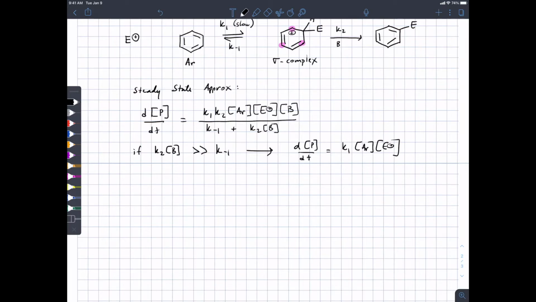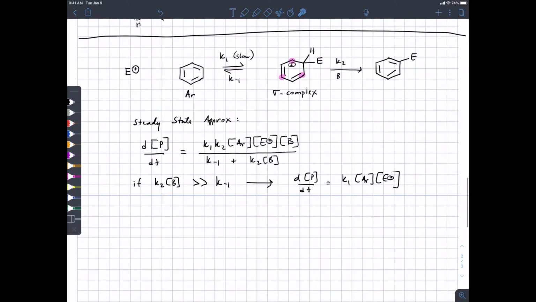In contrast, it might be that these 2 rates are comparable, and in that case you'd see something called partitioning kinetics, where you don't ever see very much of this intermediate; it either remains as starting material or as product, and then the reaction rate depends on how much base you've got, and then also on the rate of that first step.